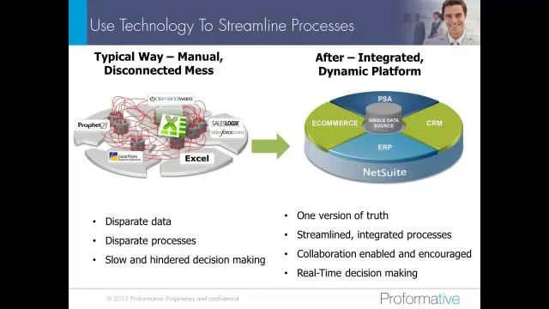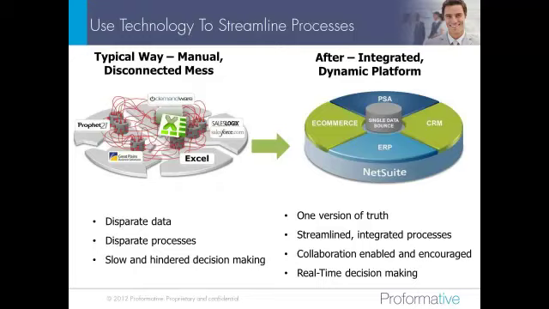But if you go to an integrated platform like what NetSuite offers, at that time you have one version of truth. That means it streamlines all the different processes across the organization, and collaboration between the groups is encouraged, and it can happen. Not that the people don't want to collaborate, but they can't because they don't know what the other group is doing. With the integrated solution, you can have ideas.